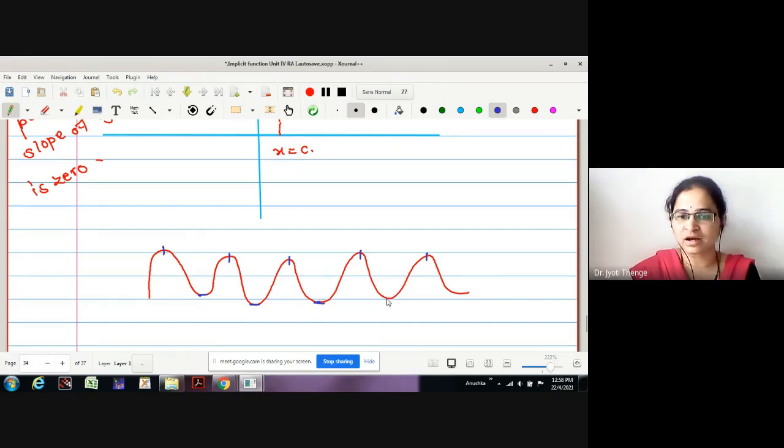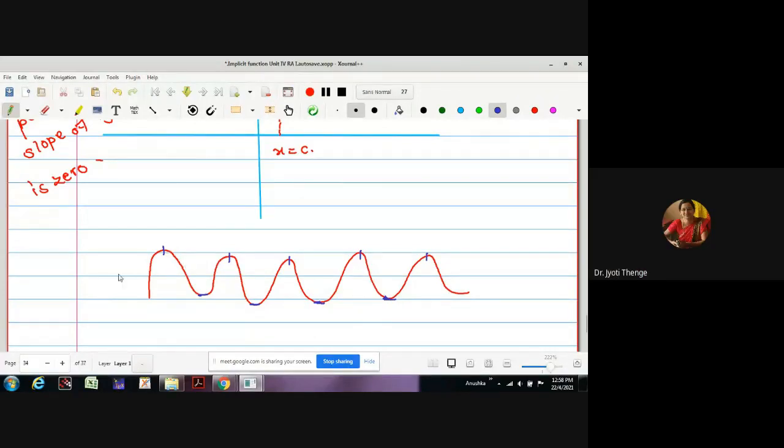These are the points at which the tangents have slope 0. Now our aim is to find whether the nature of the function at these points is maxima or minima. If we look at this curve, very easily this will be a maxima. This is also a maxima. This is also a maxima. What about the remaining points below? At these points we will get the minima.